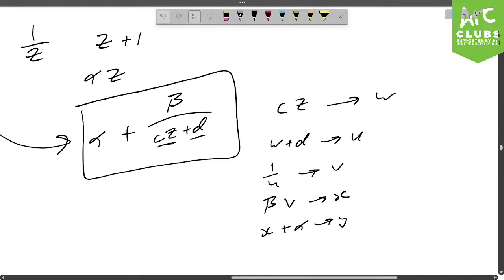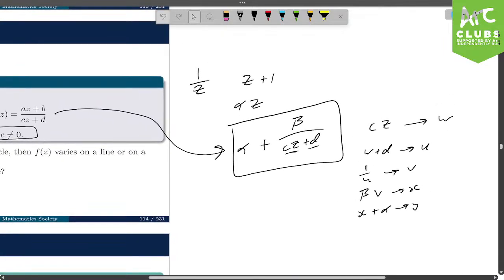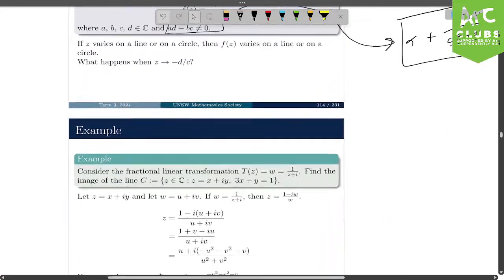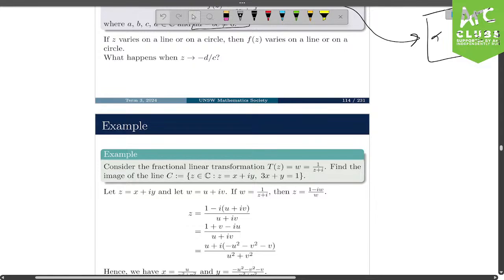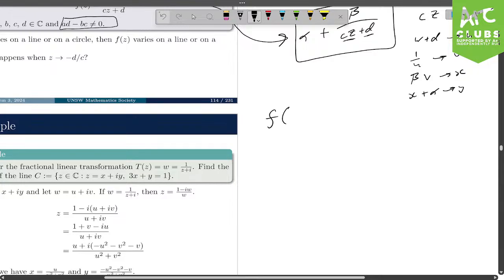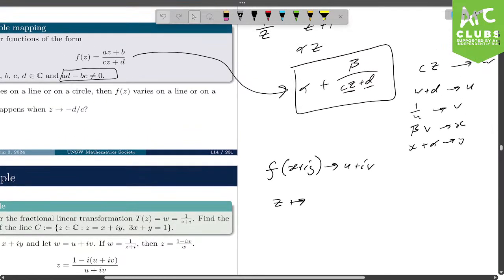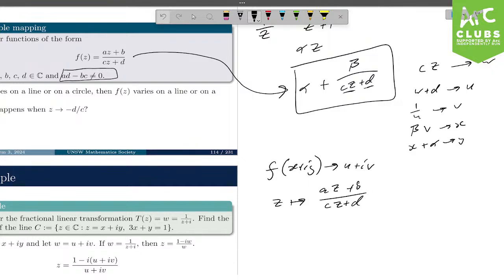This kind of built-up intuition can help you with just really throwing yourself in the deep end, double-checking your answer. However, a more appropriate method would be to break it down into, okay, we're going from some function of x plus iy into u plus iv, okay? And so the best way to do this is to go ahead and typically we have z goes into what we had here, which was az plus b on cz plus d.